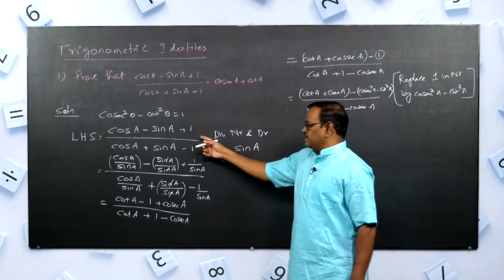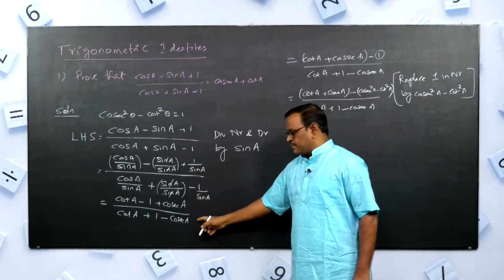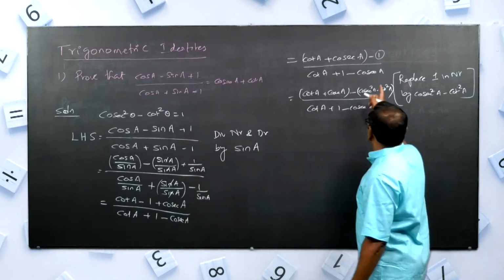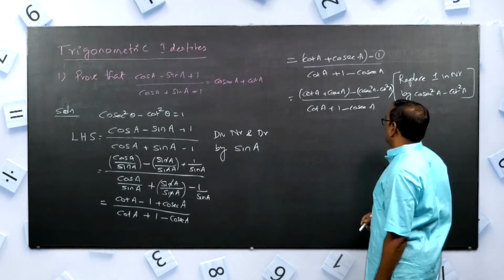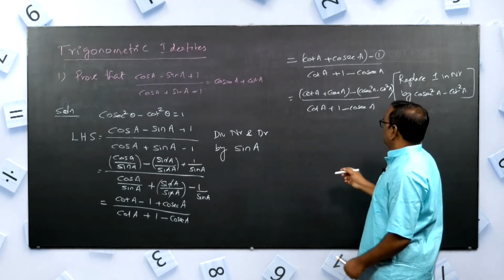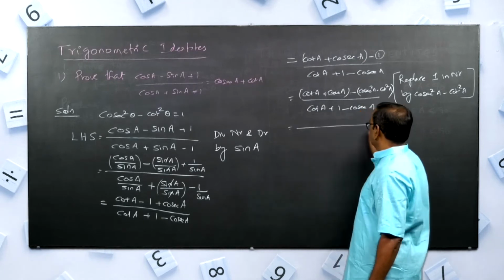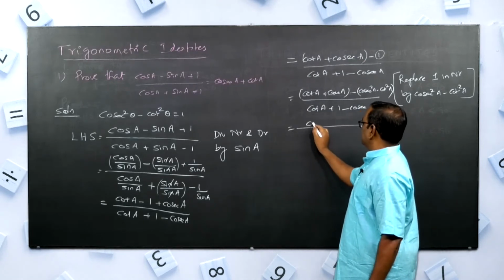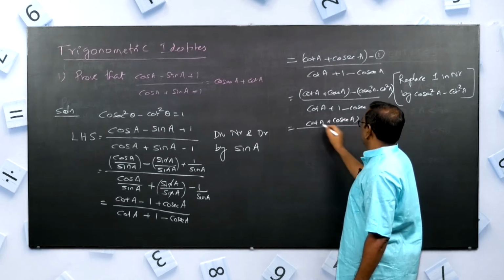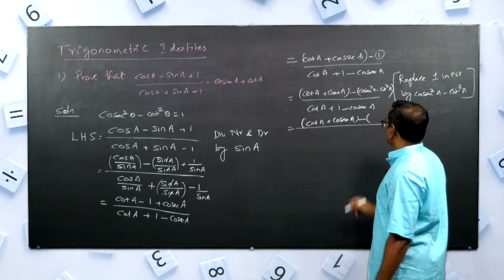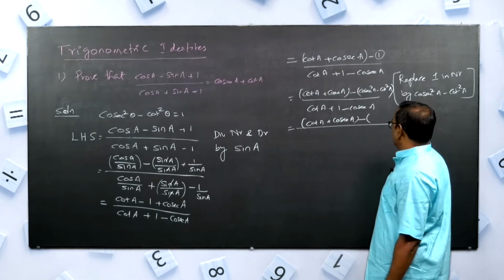First change the basic functions into cosecant and cot, replace 1 in the numerator by the corresponding identity cosecant square A minus cot square A. Now factorize this second expression. This is cot A plus cosecant A minus (cosecant square minus cot square).